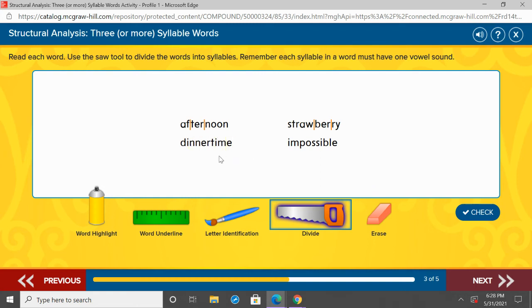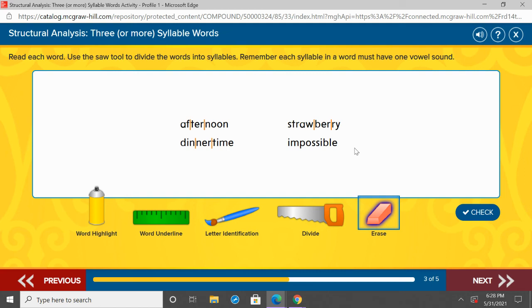How many syllables, and where's the divide? All right, so dinner time: din-ner time.